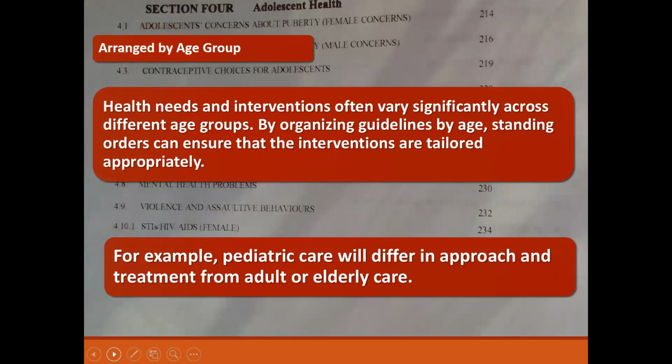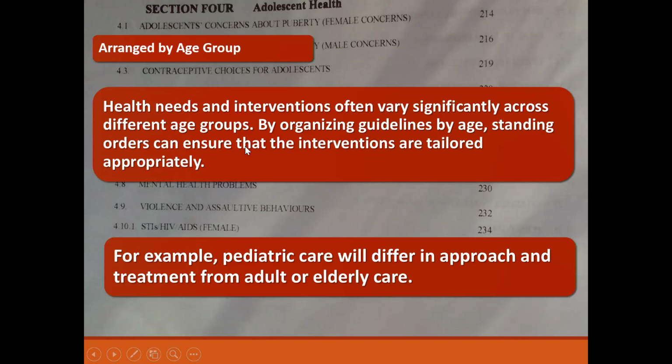Another part of the definition is that it is arranged by age group. This means that health needs and interventions, as we know, often vary significantly across different age groups.